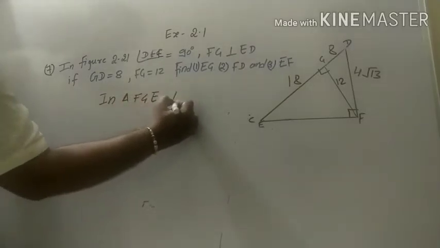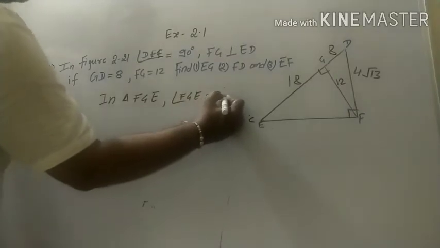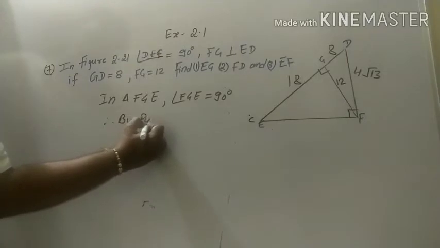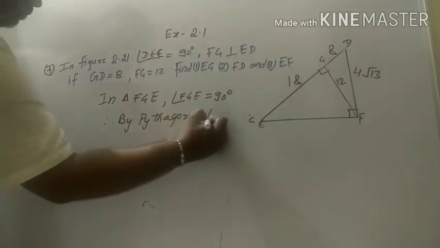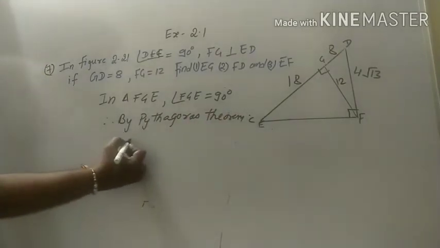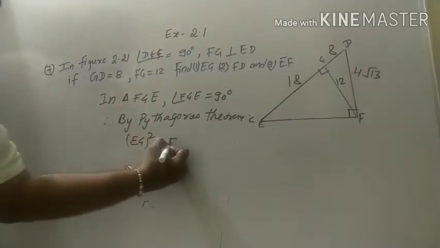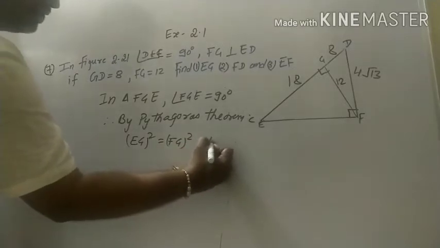In triangle FGE, angle FGE is equal to 90 degrees. Therefore, by Pythagoras theorem, EG square is equal to FG square plus EF square.